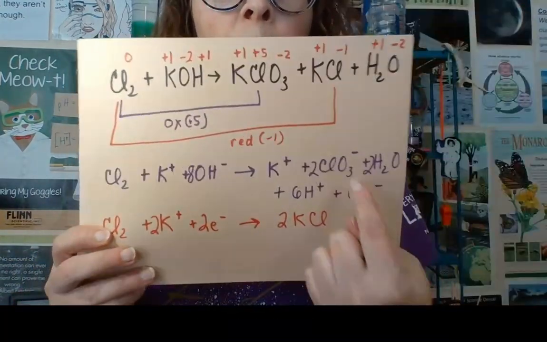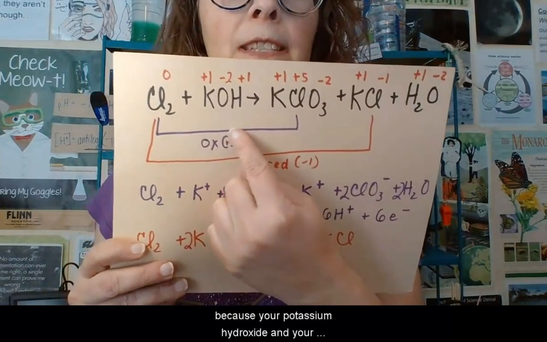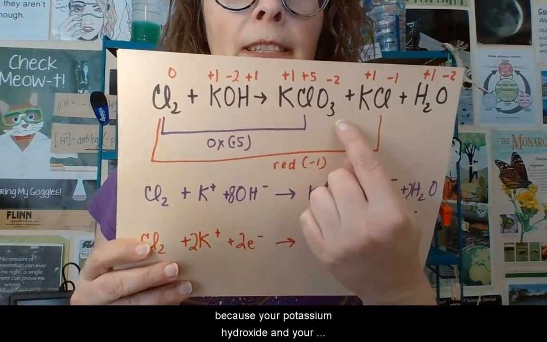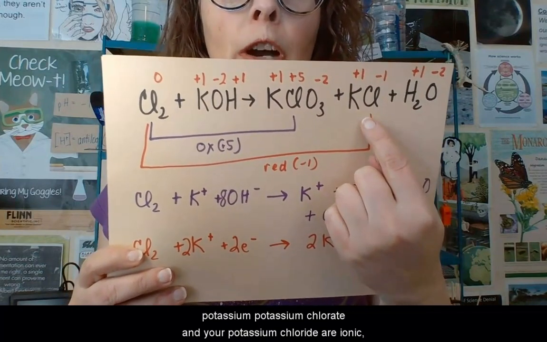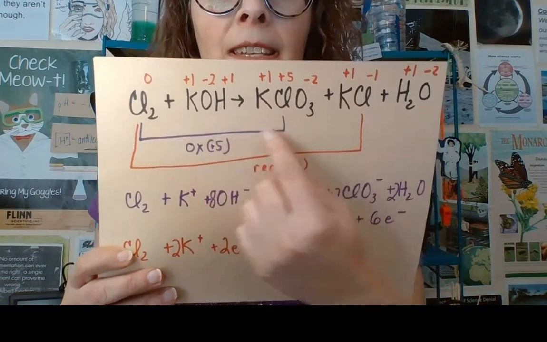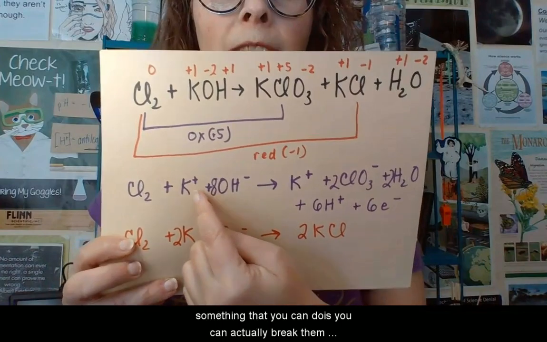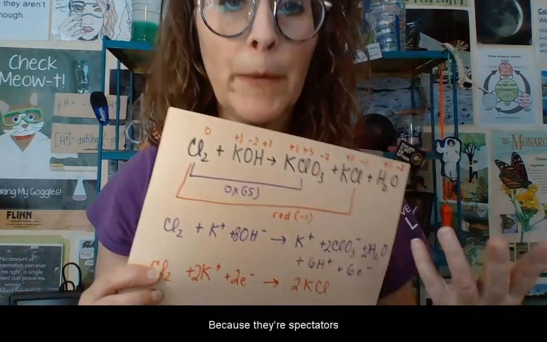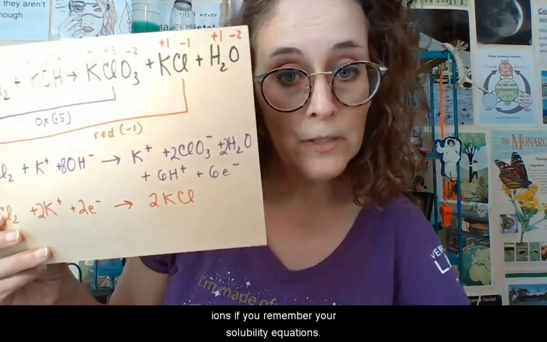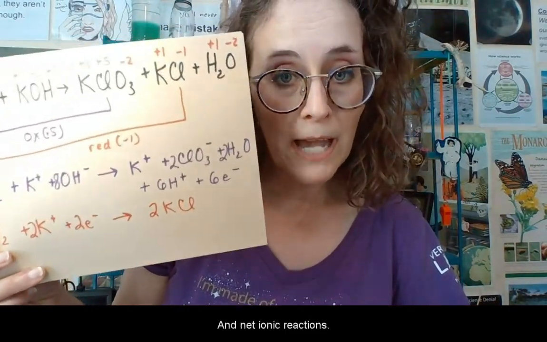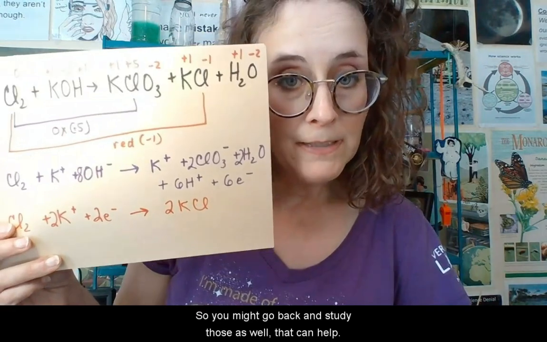In this case, because your potassium hydroxide, potassium chlorate, and potassium chloride are ionic, you can break them down into their ions, because they're spectator ions, if you remember your solubility equations and net ionic reactions. You might go back and study those as well.